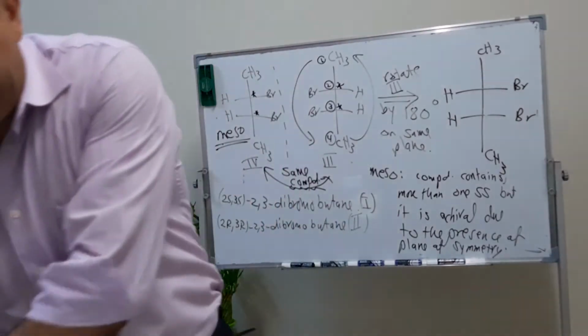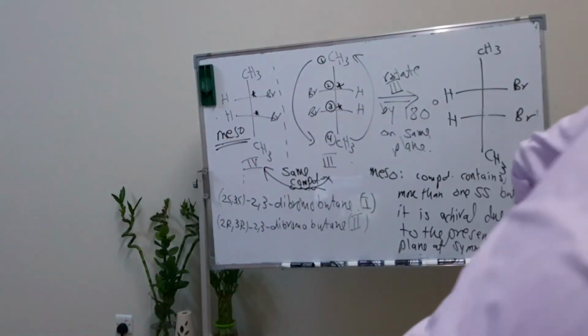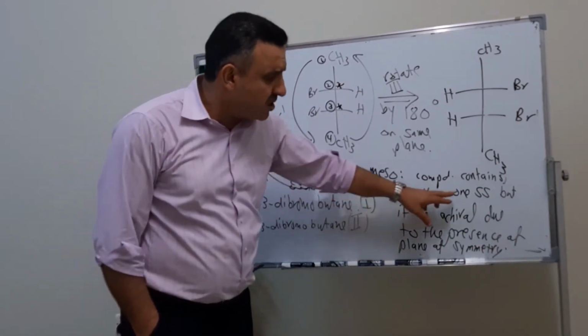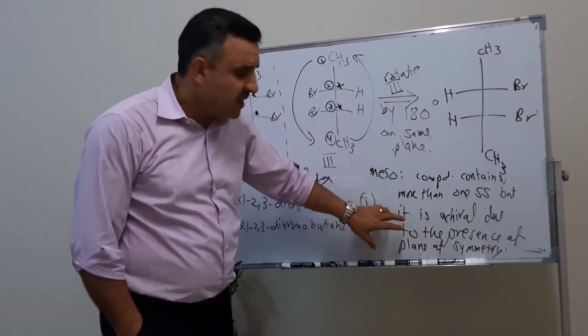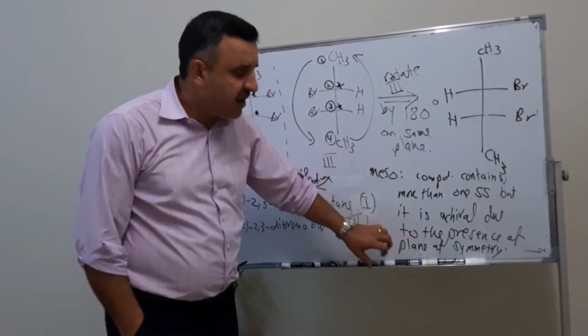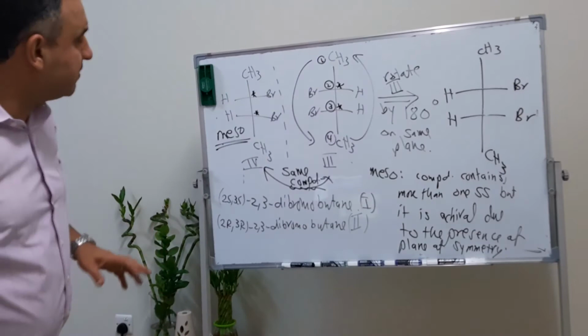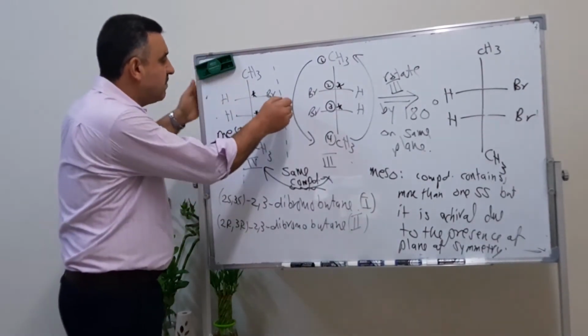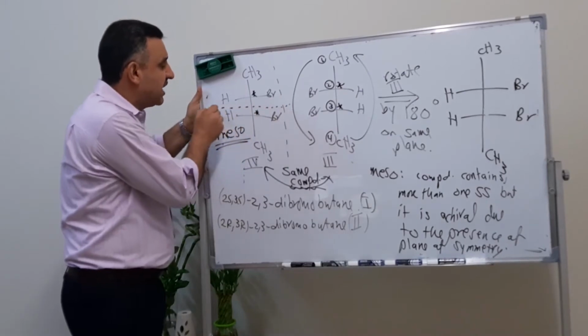Now similarly, a meso compound is a compound which contains more than one stereocenter, but it is still achiral because it contains a plane of symmetry. Where is the plane of symmetry in this compound? It's very obvious that the plane of symmetry of this compound is this plane. You can see it here.